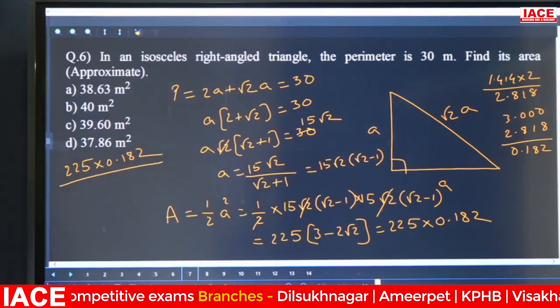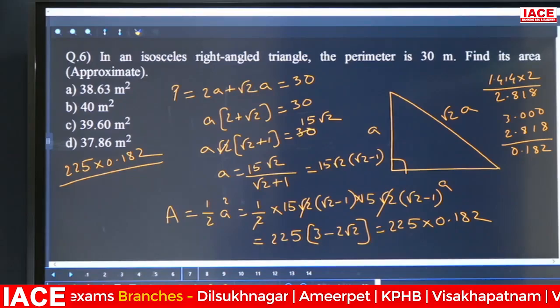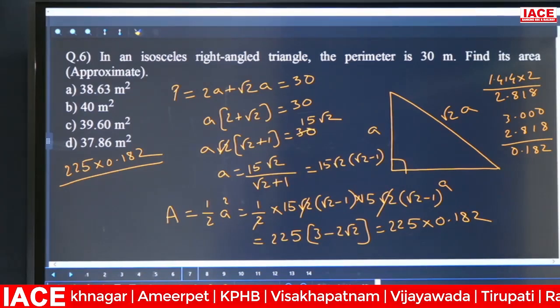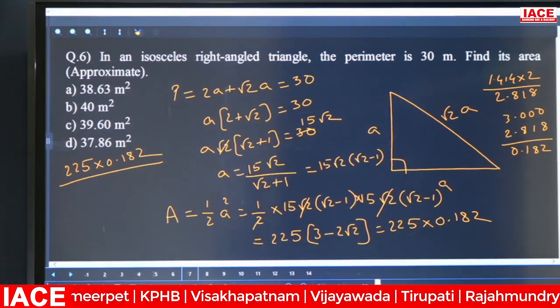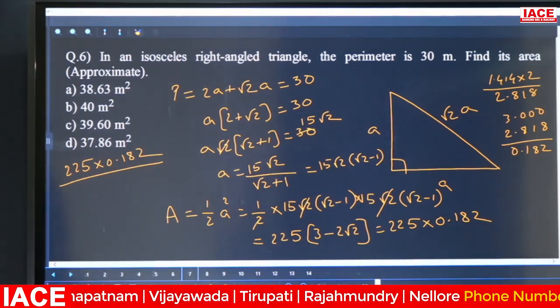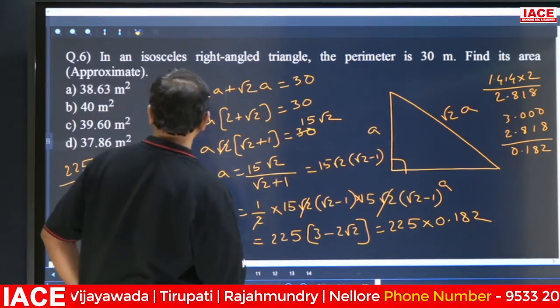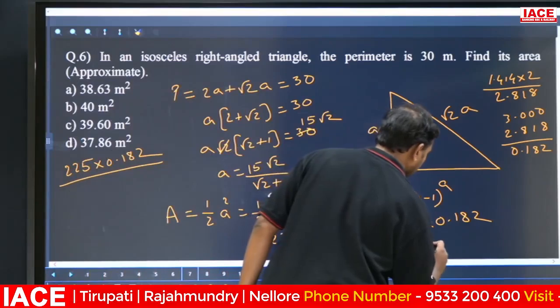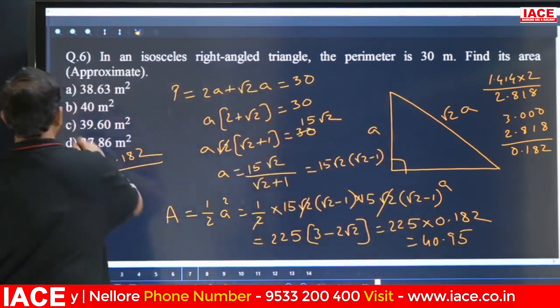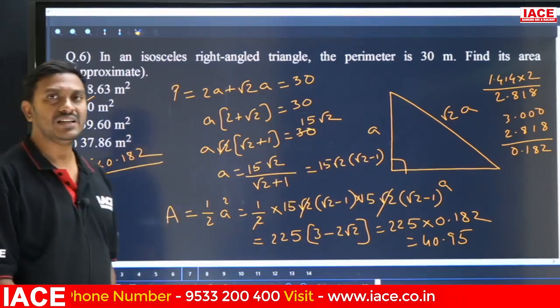So if you multiply 225 into 0.182, what is the answer we are getting? Approximately 40.95 we are getting. 40.95 means approximately it is 40, right? So option B is the right answer.